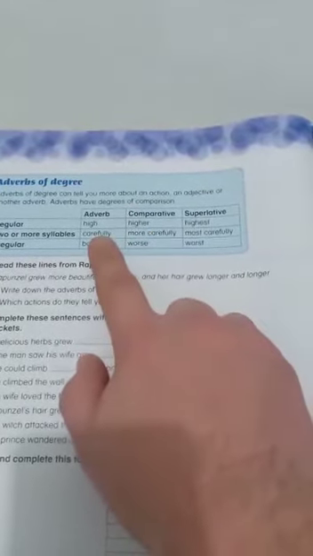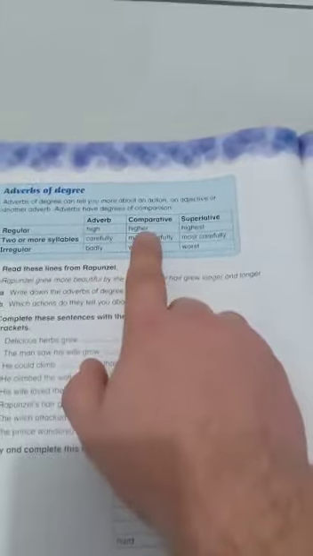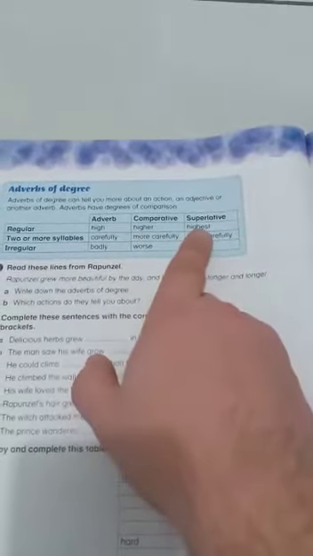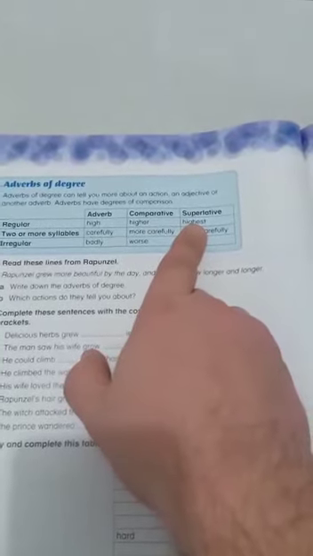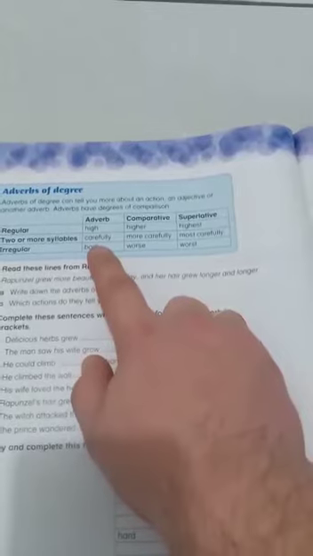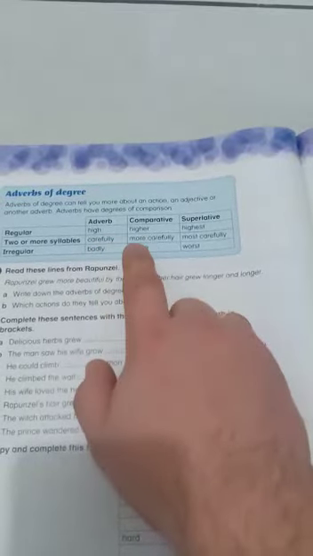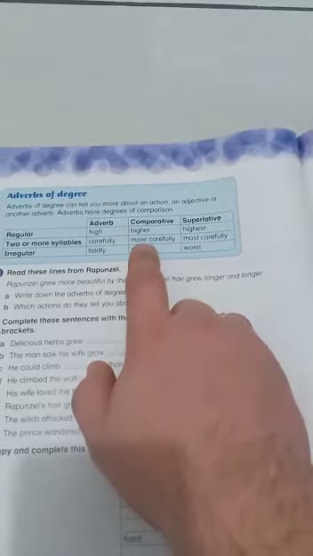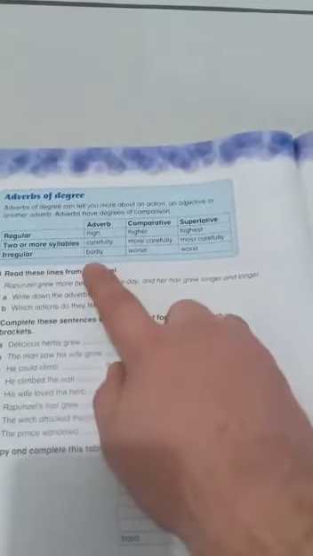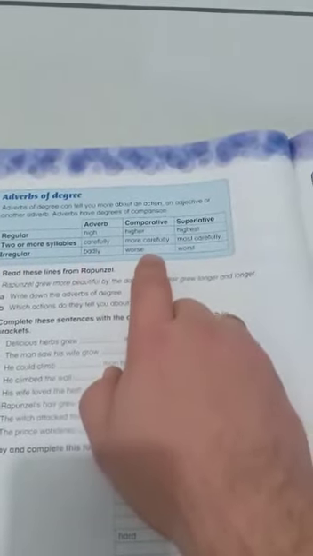So you have the normal adverb, in this case high, the comparative to make it better or higher, and then you have the highest. If it has two or more syllables, they will just add the word more and most. And then you have irregular, then the word changes.